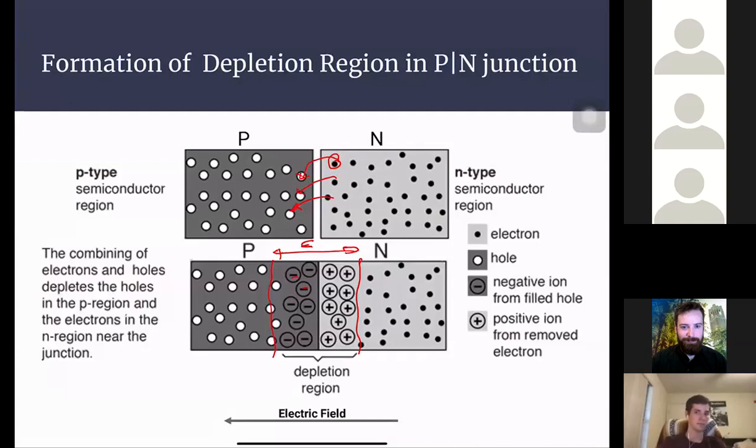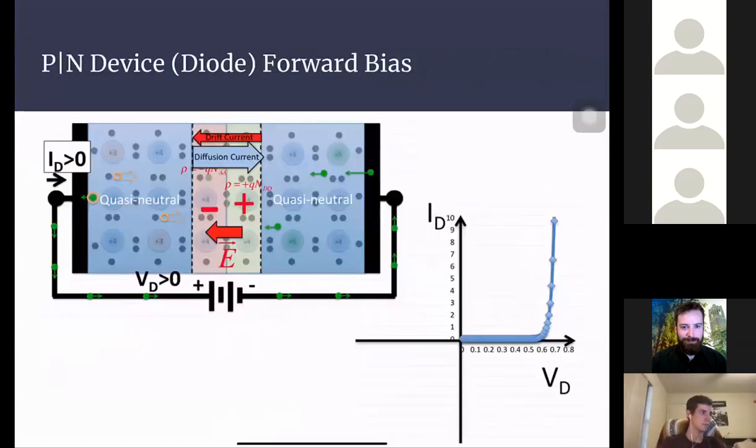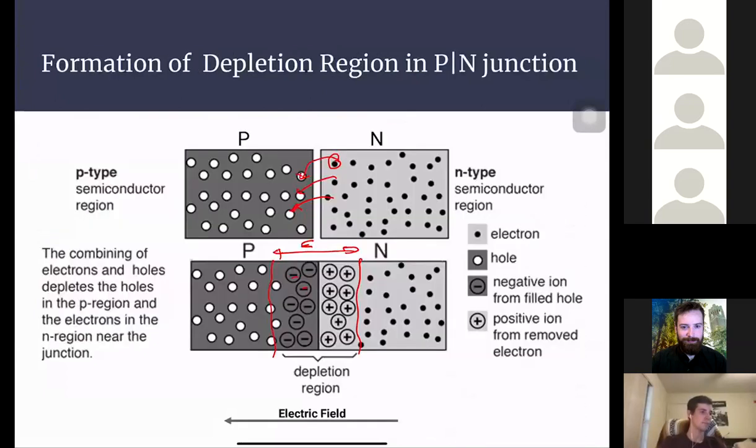Now, in a PN device, there are two kinds of biasing. Biasing means the direction in which we apply voltage. For a forward bias, we apply positive to one side and negative to the other. If you reverse that, it means negative and positive. In a forward bias, I told you a potential develops here, right?